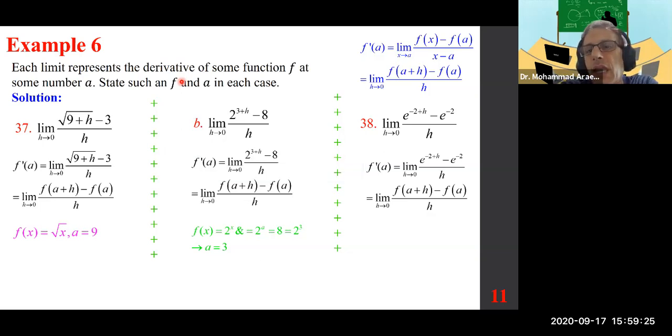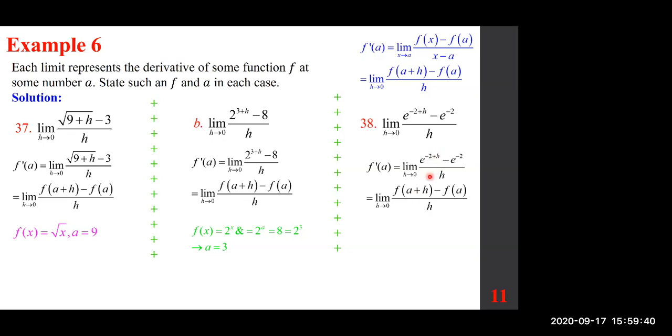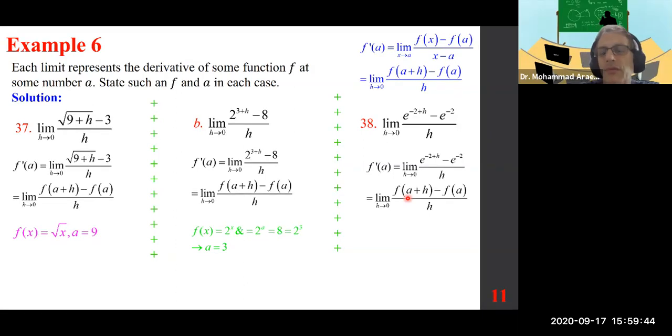first easy, a plus h, class. A plus h is minus 2 plus h. Do you see that? A plus h is minus 2 plus h, right? So a must be what? A must be negative 2. And then you have e to the power of negative 2 plus h, that must be e to the power of x.